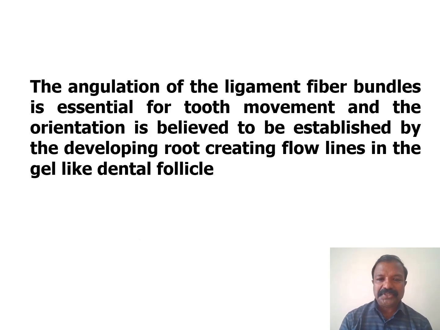The angulation of the periodontal ligament fiber bundles is essential for tooth movement, and this orientation of the collagen fiber bundle is believed to be established by the developing root, which creates flow lines in the gel-like dental follicle.